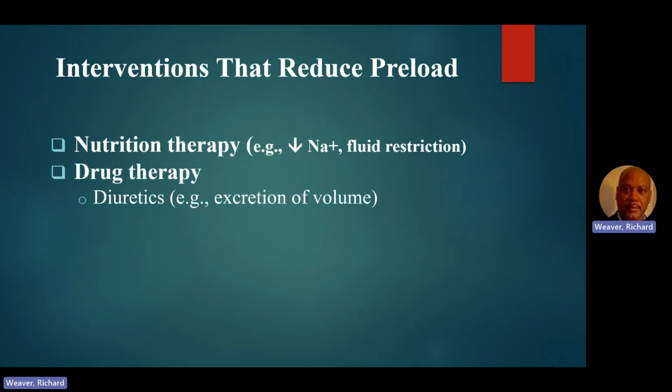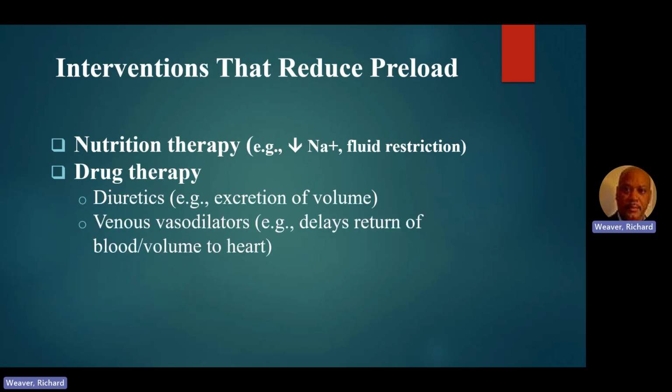As far as drug therapy is concerned, diuretics, we talked about that with decreasing the preload. Venous vasodilators, I talked about that, delay the return of blood back to the right side of the heart. There's also morphine sulfate, and we know that it vasodilates to also delay the return of blood to the right side of the heart.